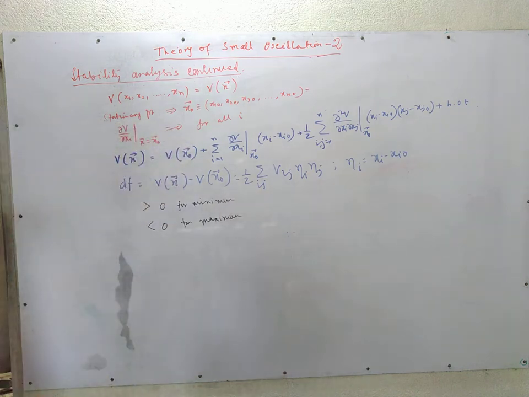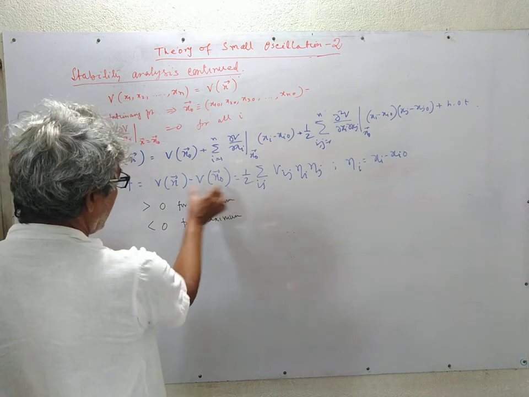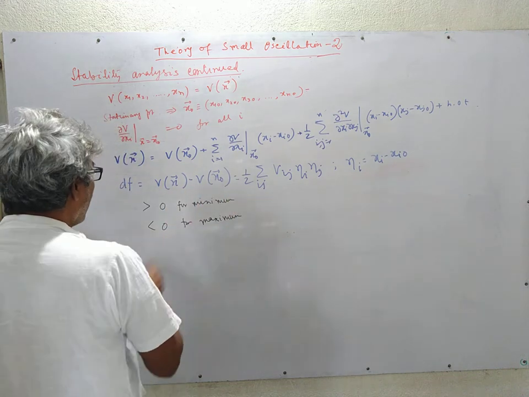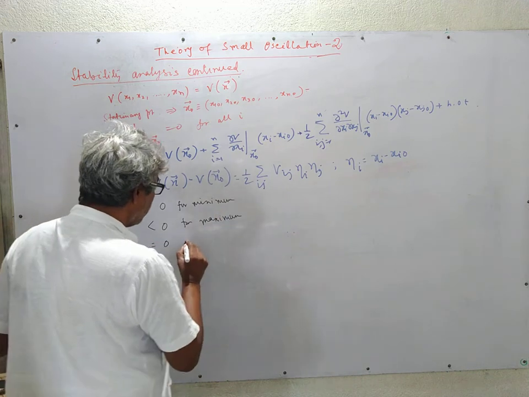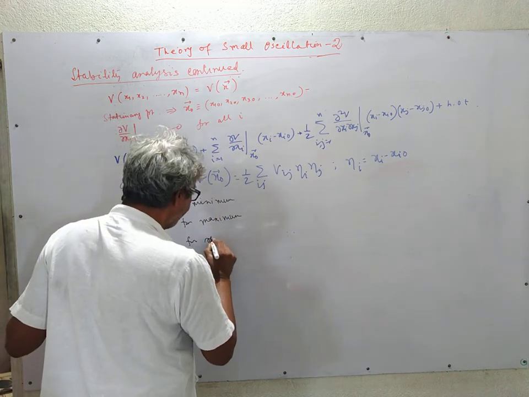If x0 happens to be a maximum point, then V at x0 is higher than this, so this is negative. For a point of inflection, this is equal to 0, and likewise for a saddle point.